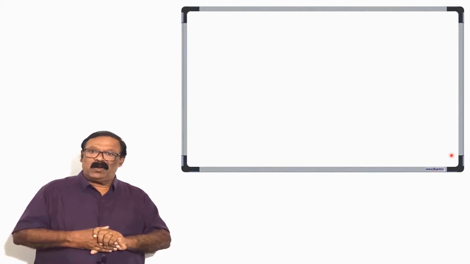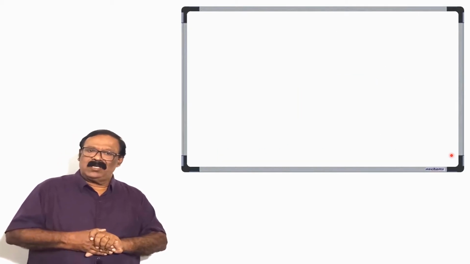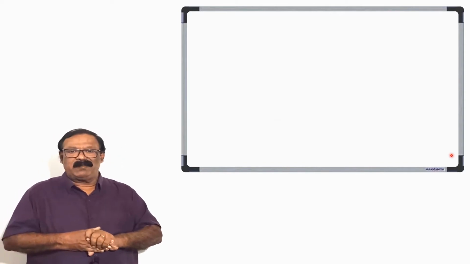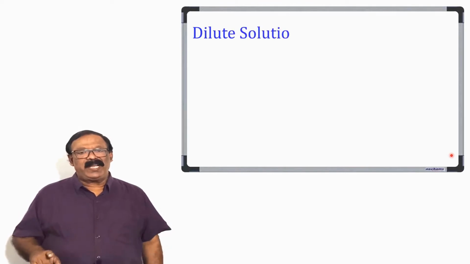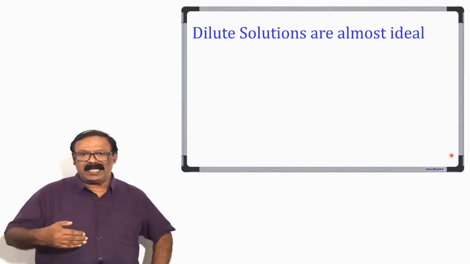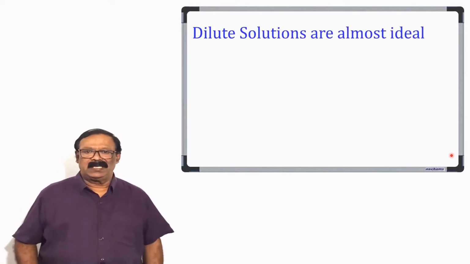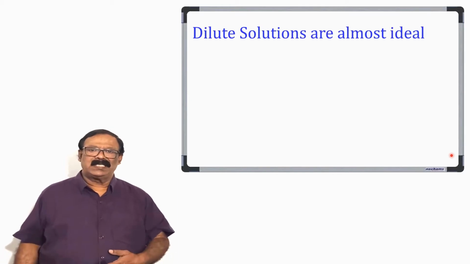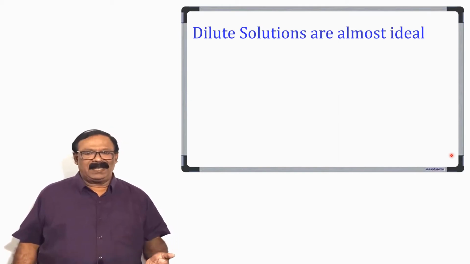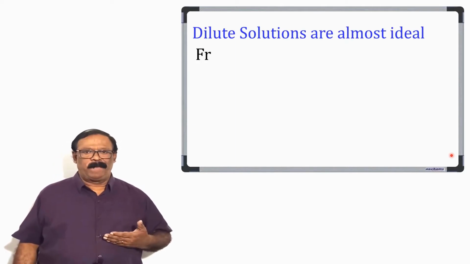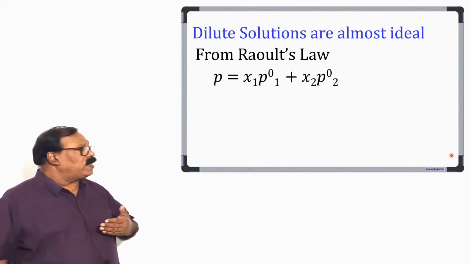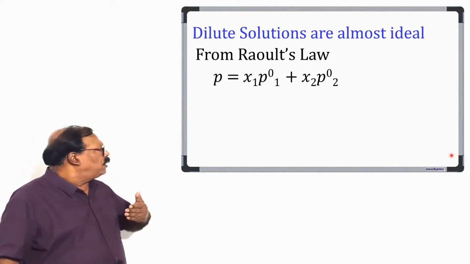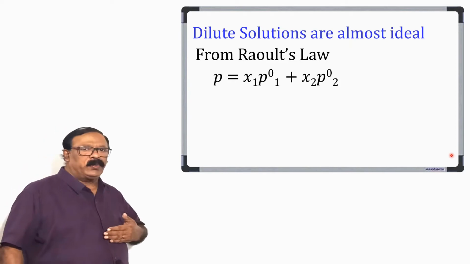We have studied one law for liquid solutions, namely the Raoult's law. And when the solution is very dilute, we are considering here only dilute solutions, the solution is considered almost ideal, and we can apply Raoult's law to this solution also. From Raoult's law, we have P equal to x1 P01 plus x2 P02.